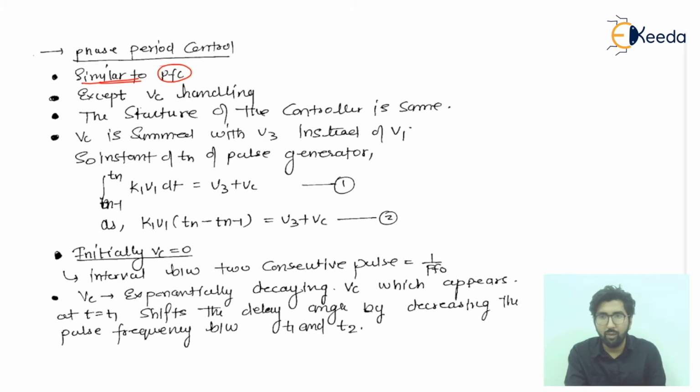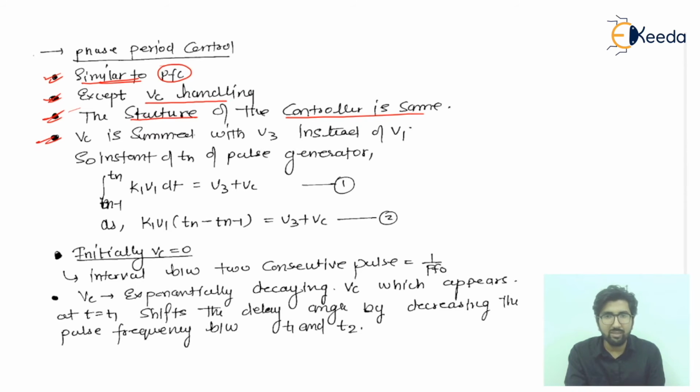The second point, except for the Vc handling, is similar to the PFC. What is the difference between them? That is the Vc handling, how we are handling the control voltage. So I can say that the structure of the controller is the same.